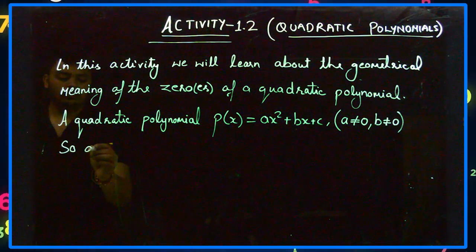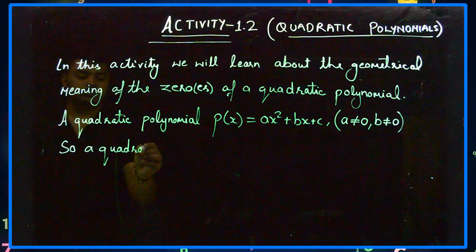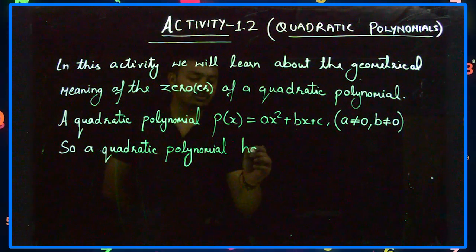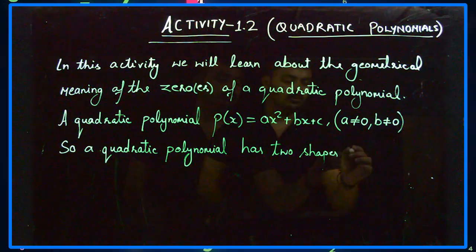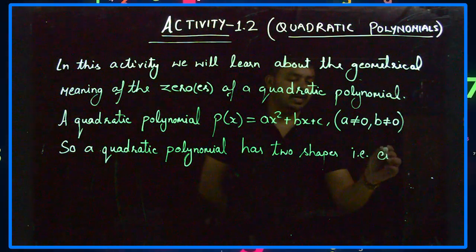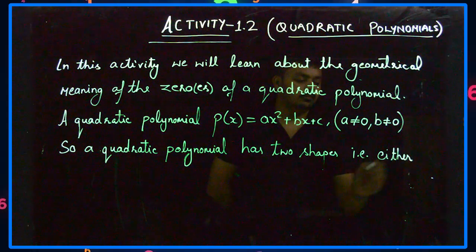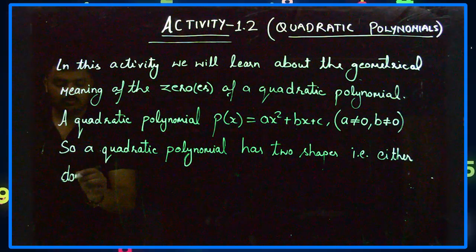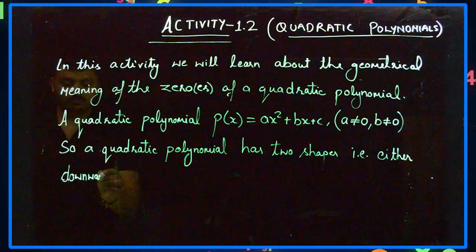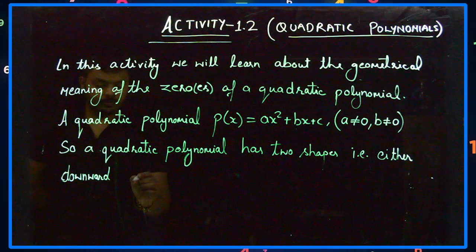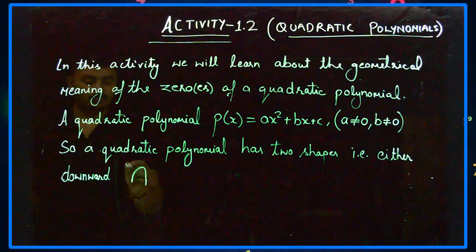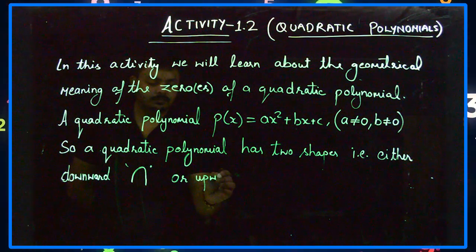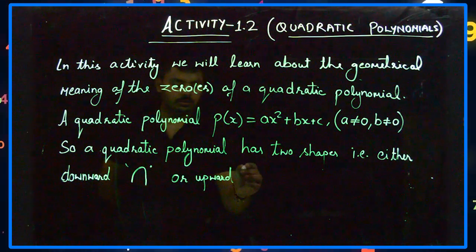So, a quadratic polynomial has two shapes, that is either downward shape of a U or upward shape of a U.